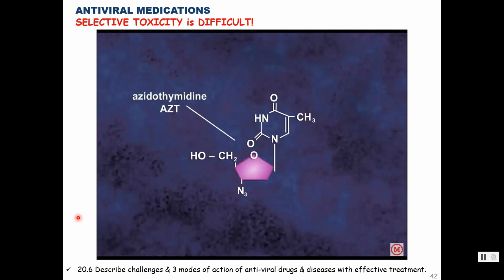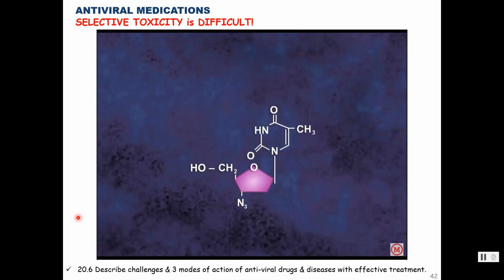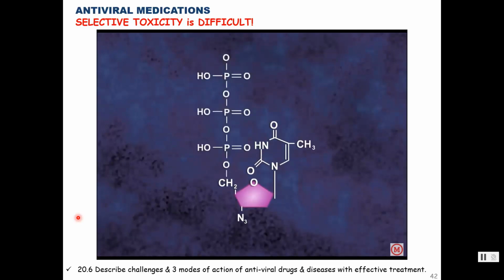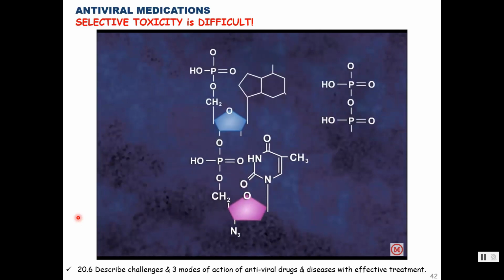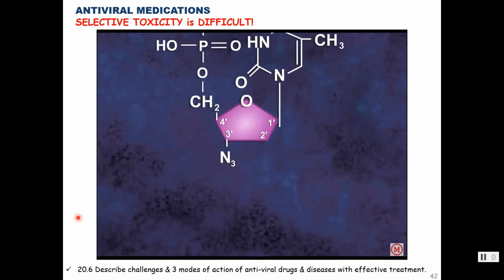For example, azidothymidine, AZT, an analog of thymidine, becomes phosphorylated in the cell and is then incorporated into nucleic acid by reverse transcriptase. Since the 3' position of the deoxyribose is occupied by nitrogen (an azido group) instead of a 3' OH, no additional nucleotides can be added. AZT has been used in treatment of retroviral infections.